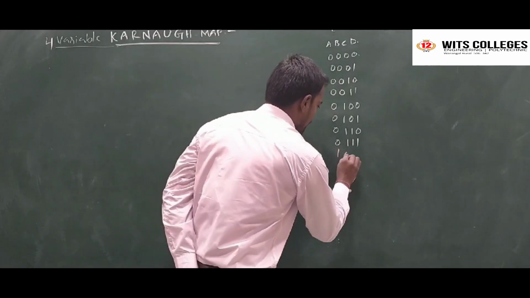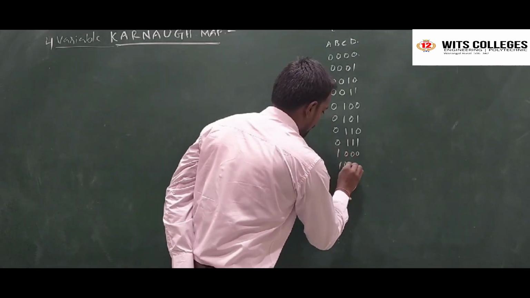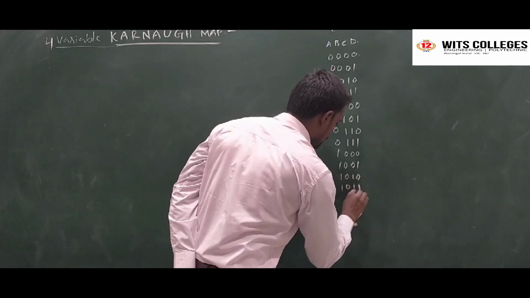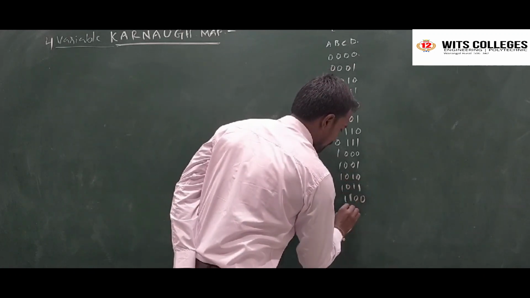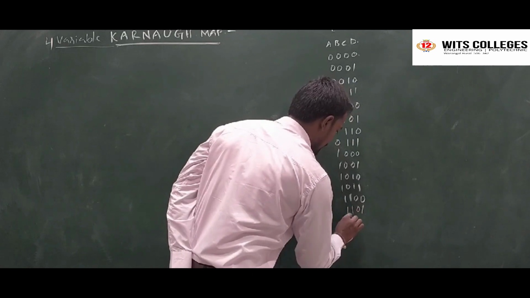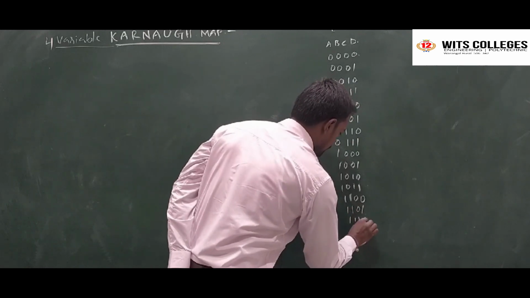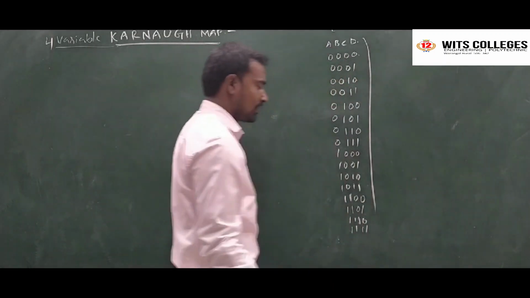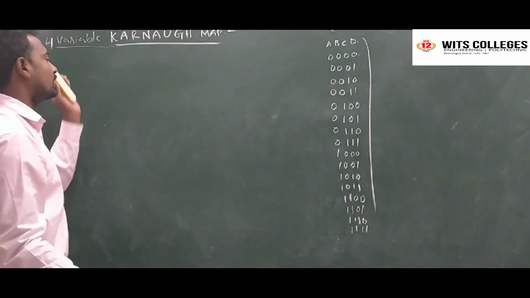Next 1 0 0 0, 1 0 0 1 and 1 0 1 0, 1 0 1 1, 1 1 0 0, 1 1 0 1 and 1 1 1 0 and 1 1 1 1. So these are the 16 combinations we will get when we take the four variables.